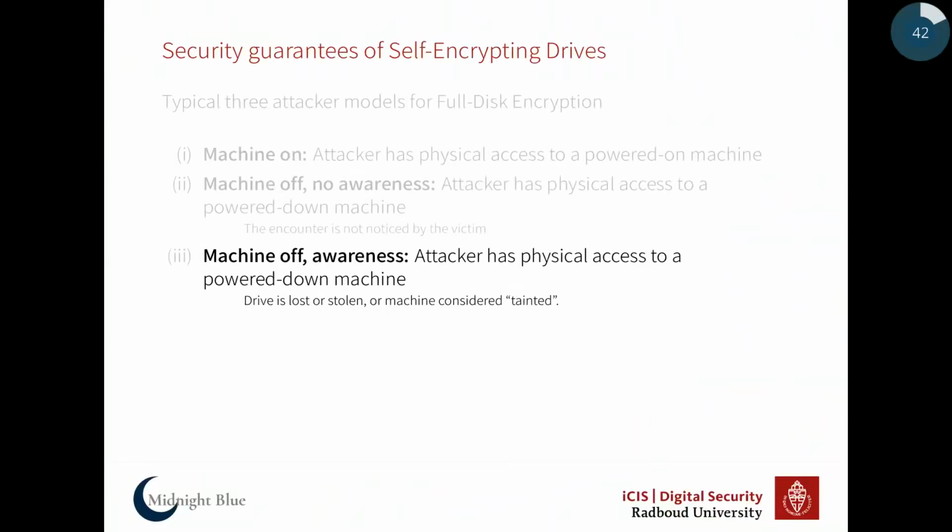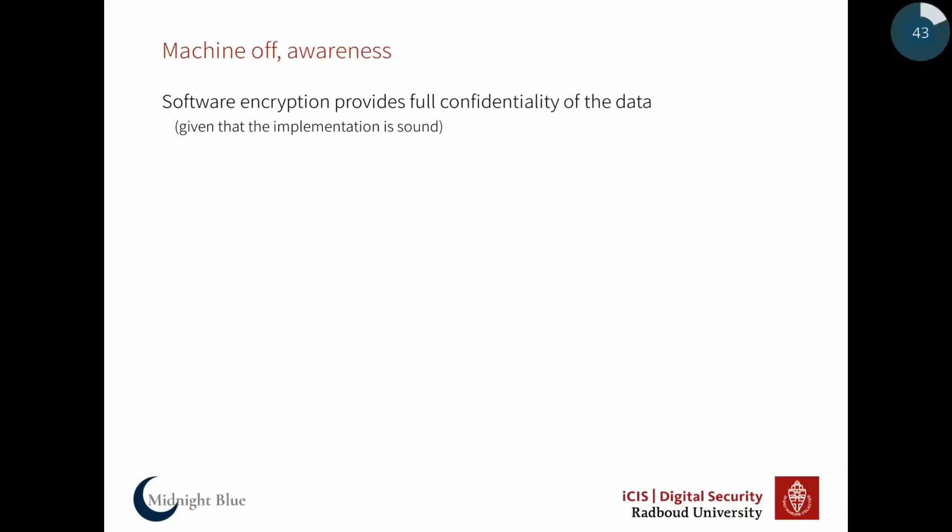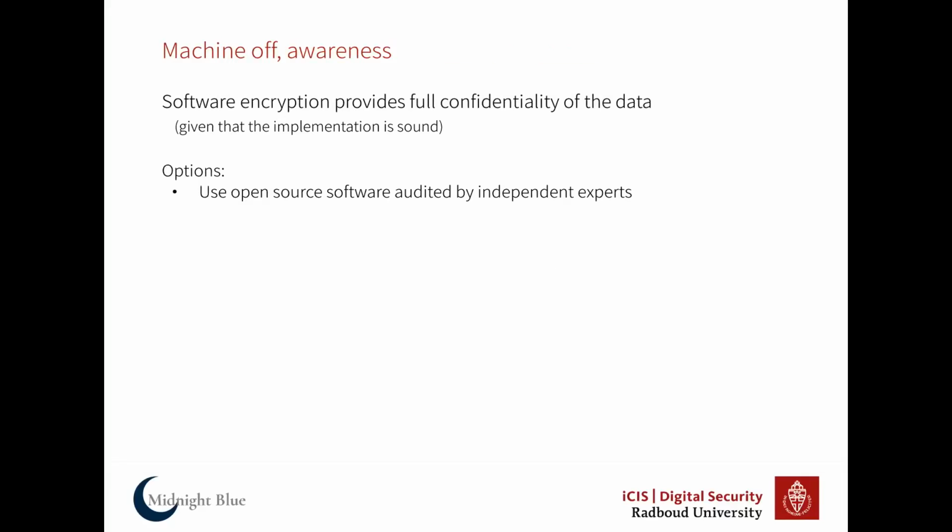And then we end up at our last scenario. It's when the thing is powered off, or when you lose it, or when your device gets stolen, and the attacker has physical access to it. Then software encryption actually provides proper security, given that the implementation is sound. If you use open source software, which is audited by independent experts, you have a pretty safe bet that your data is secure.